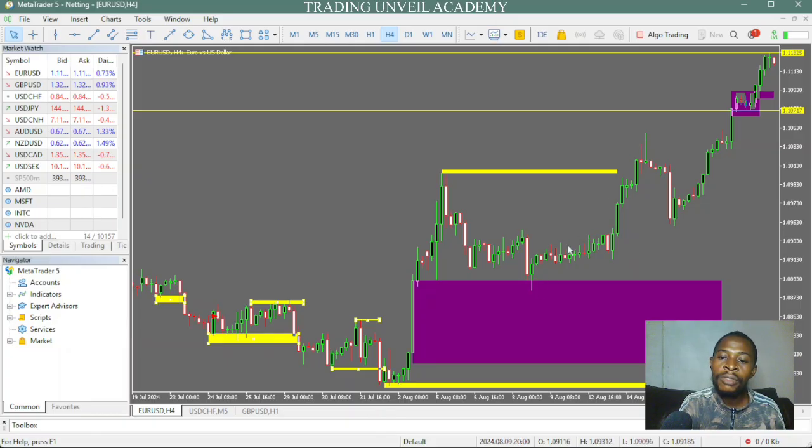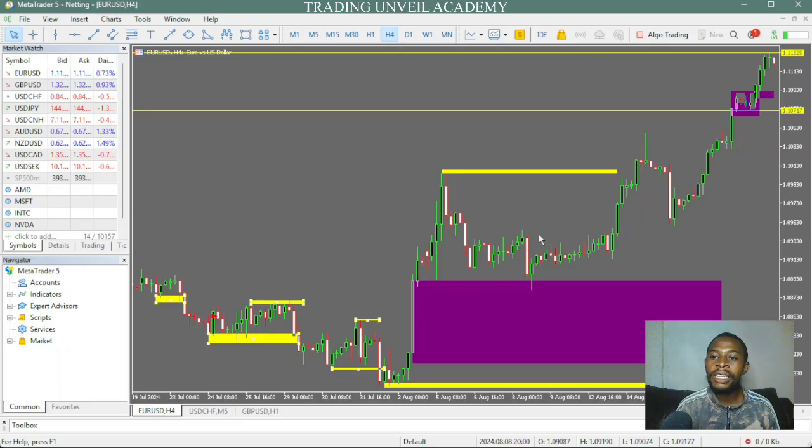After touching the fair value gap, it went up again, taking this high. After taking the high, you know that it's supposed to come back to trade within this imbalance here, and then it traded on this imbalance. What happened? The market flew up again. So this is how to know where the market is going before it moves.